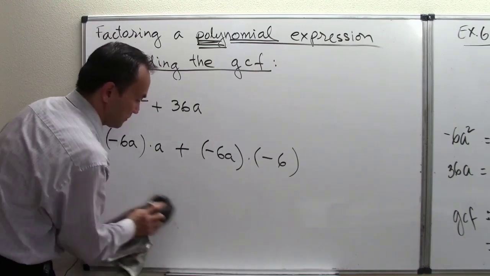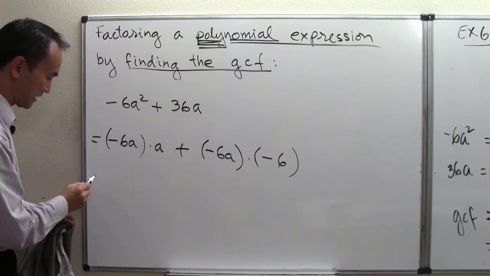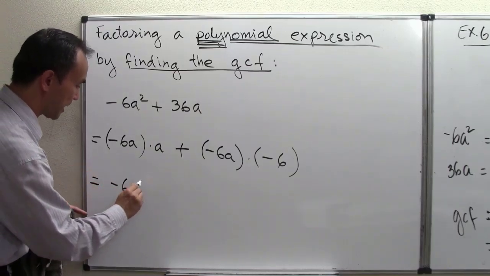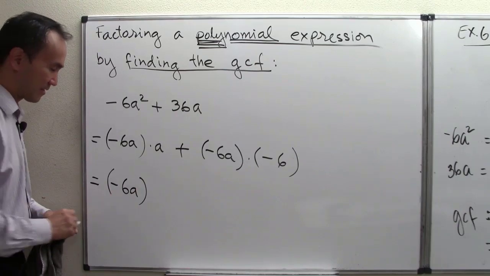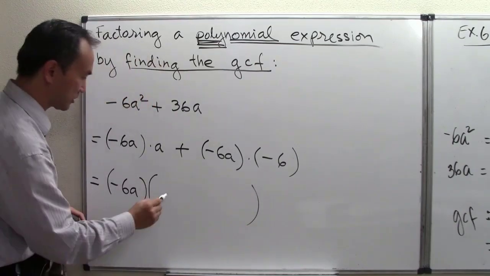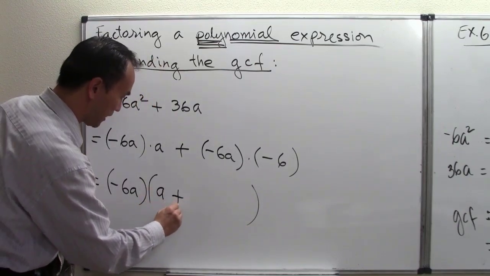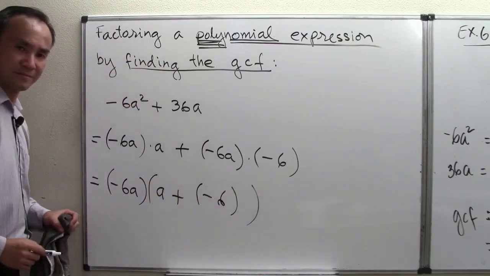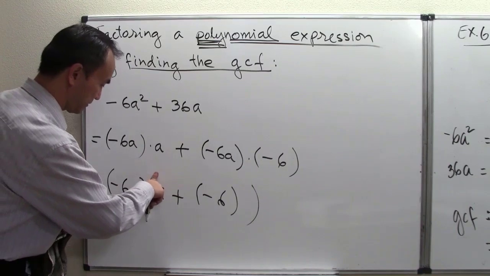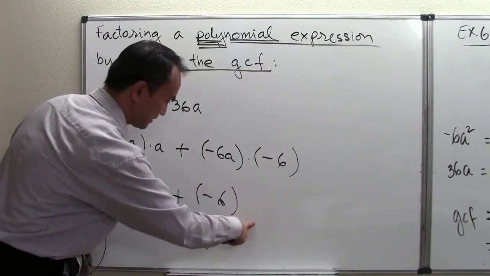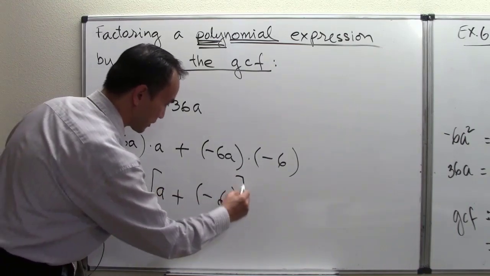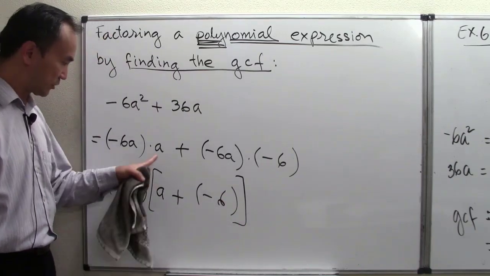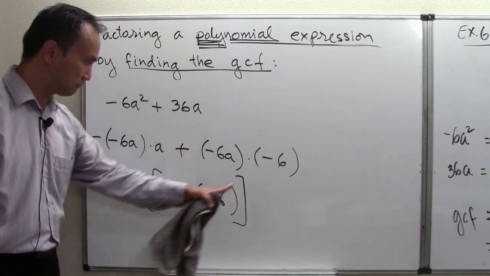And so now, here's how I'm seeing it. I'm going to factor out minus 6a as our GCF. The remaining terms are going to be a plus minus 6. In a more formal way, we should have used brackets for another level of parentheses, but these are the two remaining terms, a plus minus 6.